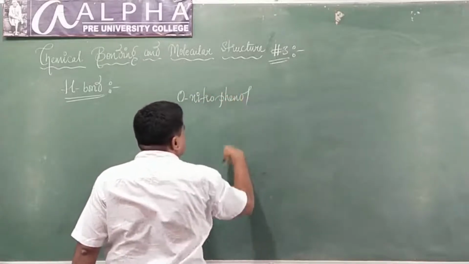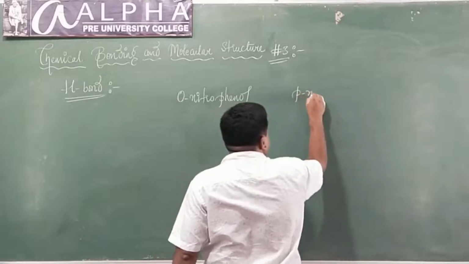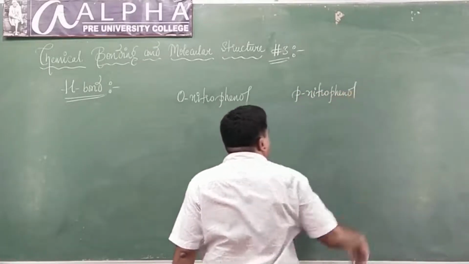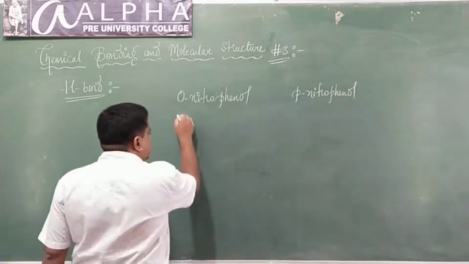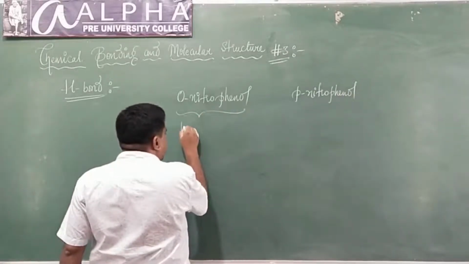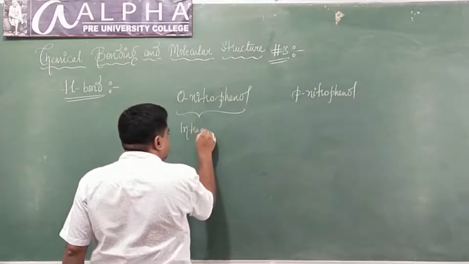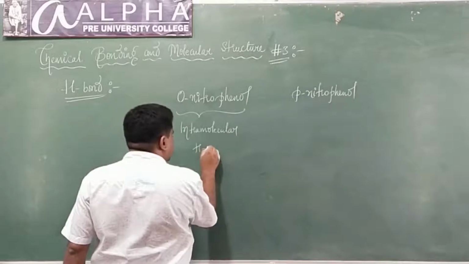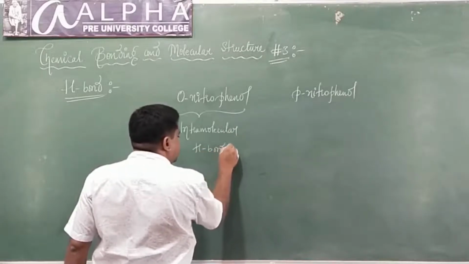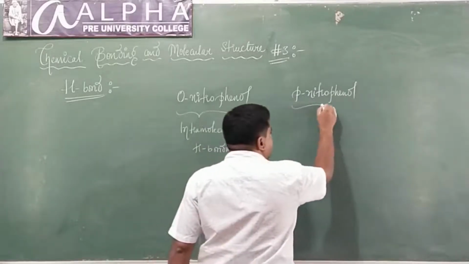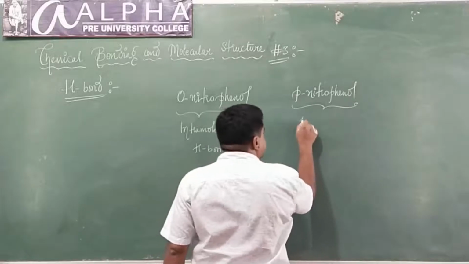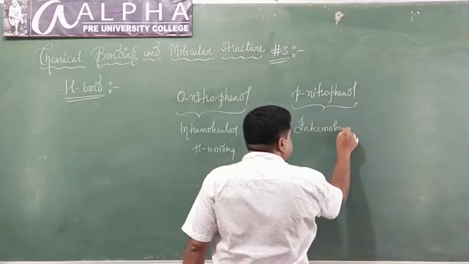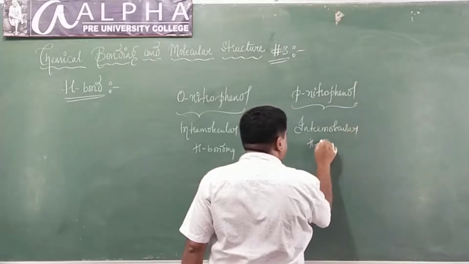See, orthonitrophenol involves intramolecular hydrogen bonding, whereas paranitrophenol involves intermolecular hydrogen bonding.